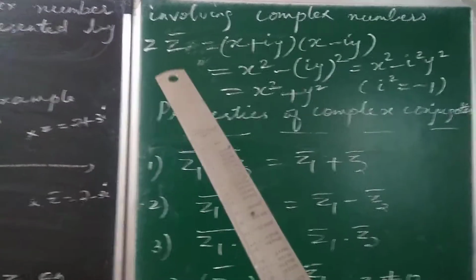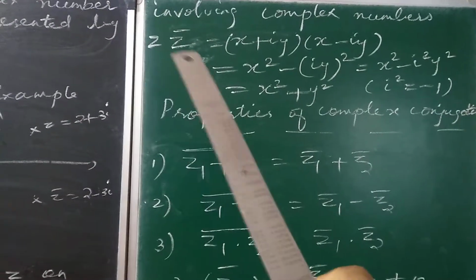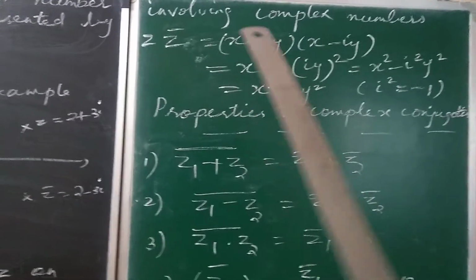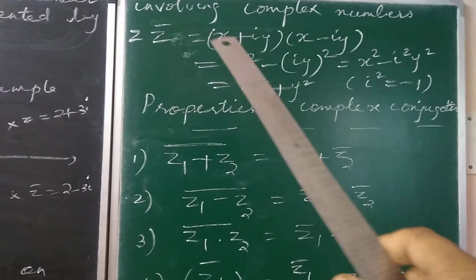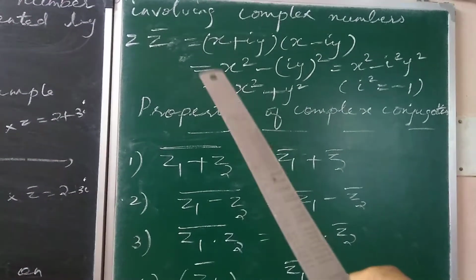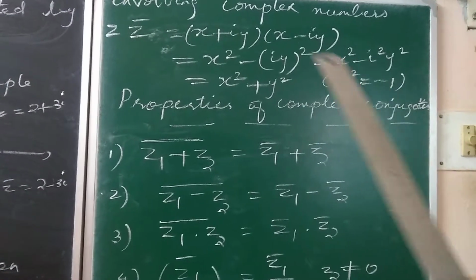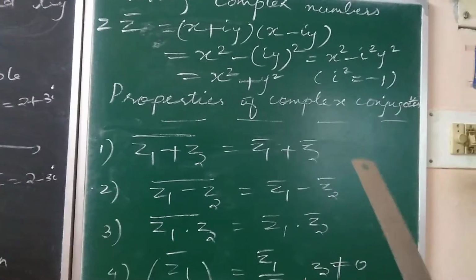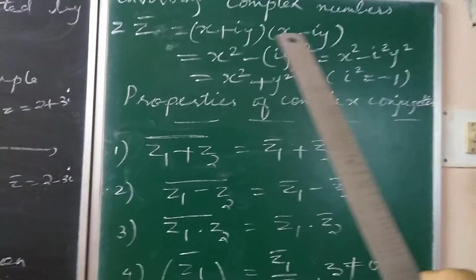And how this is happening, you just find the product z into z bar. z is x plus iy and z bar is x minus iy. The product is like a plus b into a minus b, so a square minus b square, and x square minus iy the whole square is i square y square. I square is minus 1, therefore it will become x square plus y square.